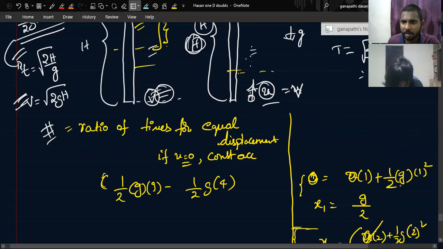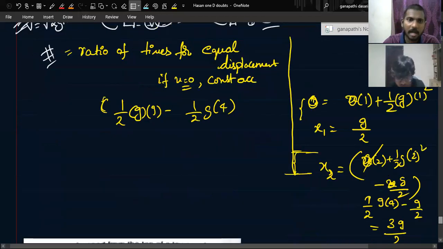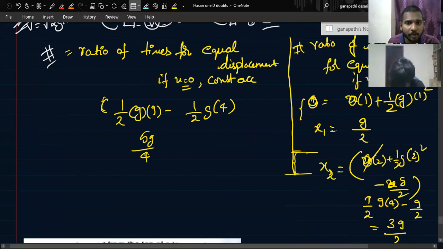You get 5g by 2. So you got the answer. The relation goes this way: g by 2, 3g by 2, 5g by 2.